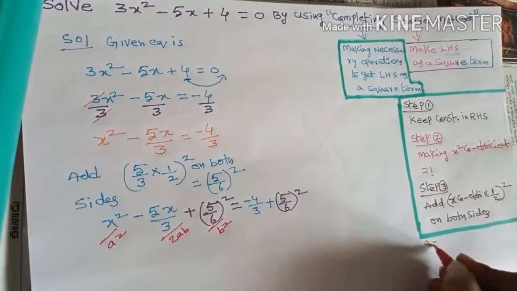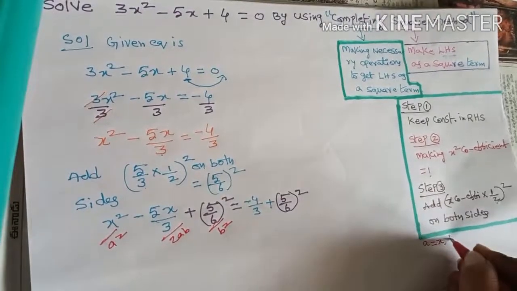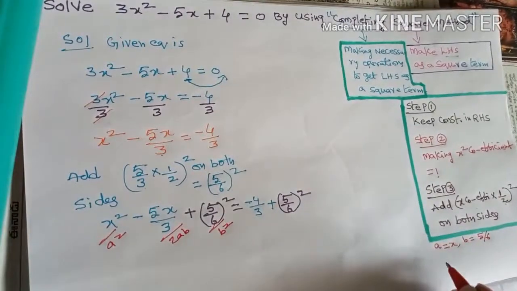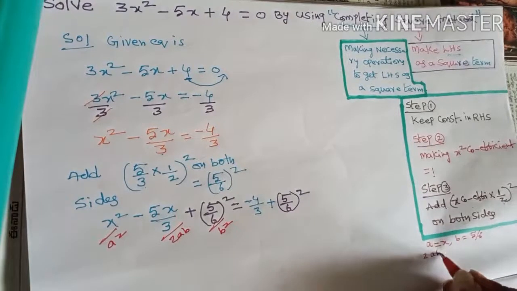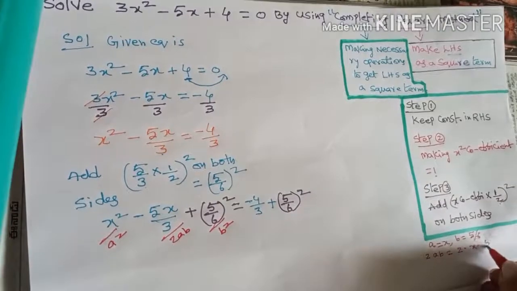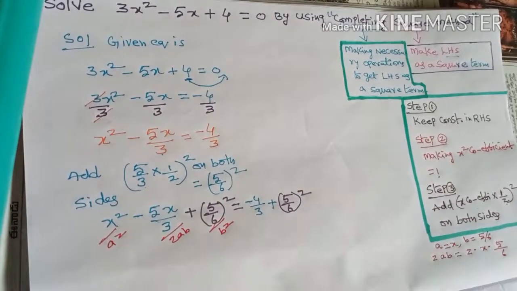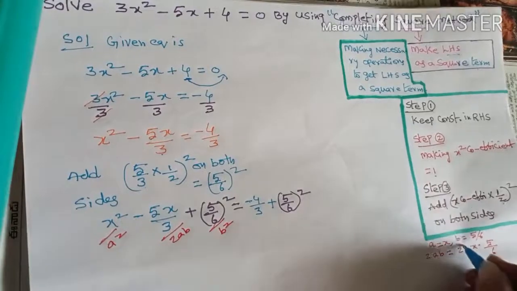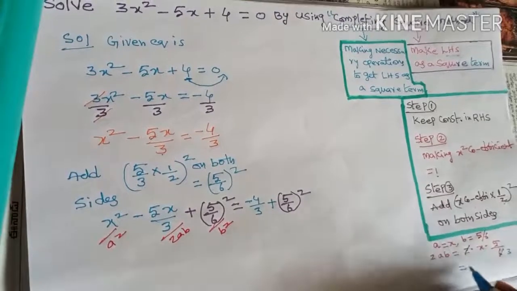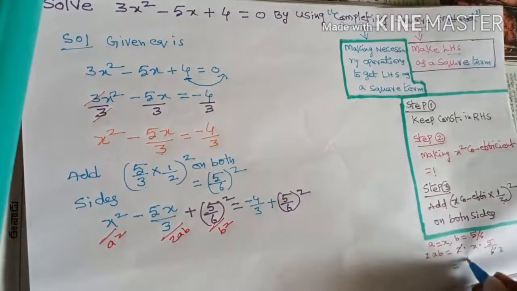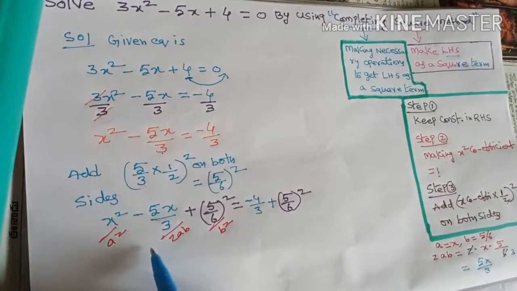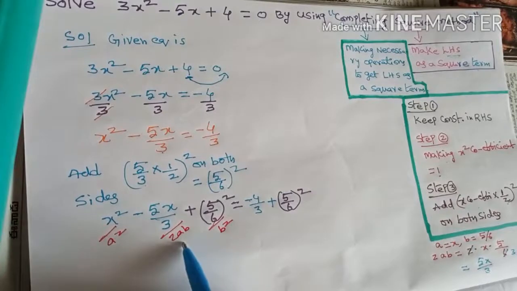Then 2ab is equal to 2 into x into 5 by 6, which is nothing but 5x by 3. Here also you have 5x by 3. Therefore, it is equal to 2ab.